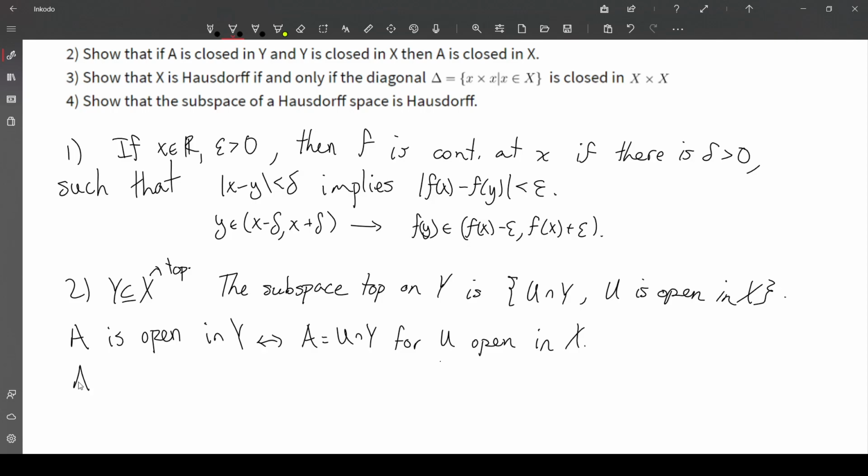And you can prove that sort of the same thing works for closed sets. If A is closed in Y, then A is equal to C intersect Y for C closed in X. So here, if A is closed in Y, then I know A equals C intersect Y, where C is closed in X, and we know Y is closed in X. The intersection of two closed sets is closed, so that shows that A is closed.